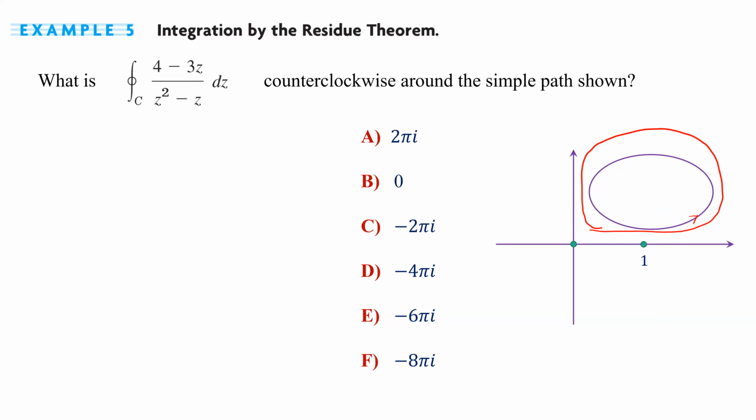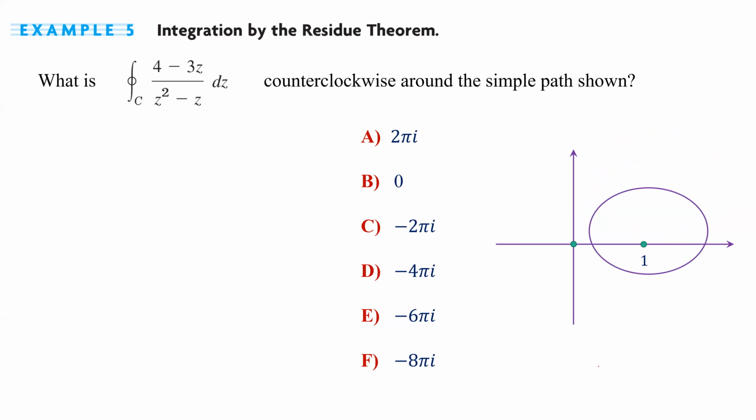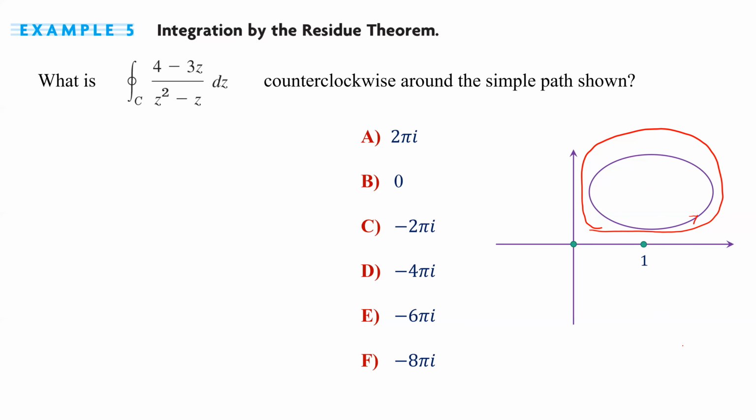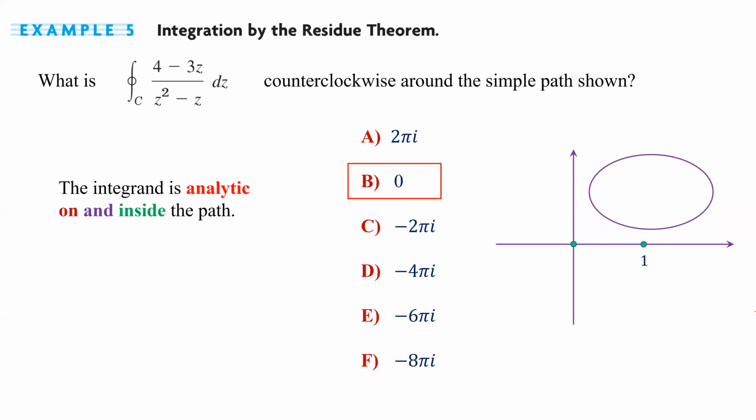And because the function is analytic everywhere in that domain and inside the path, Cauchy's integral theorem still works. The integral is 0. So the answer is 0 because the integrand is analytic on and inside the path.